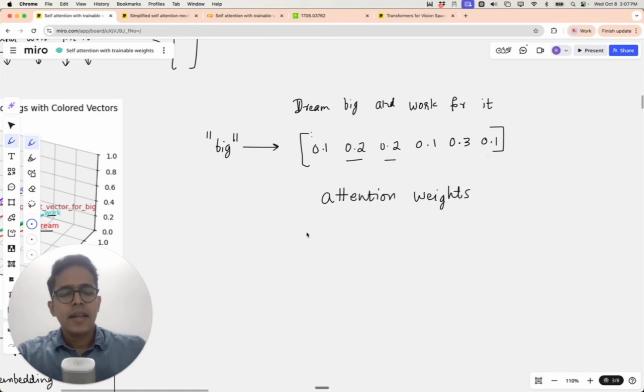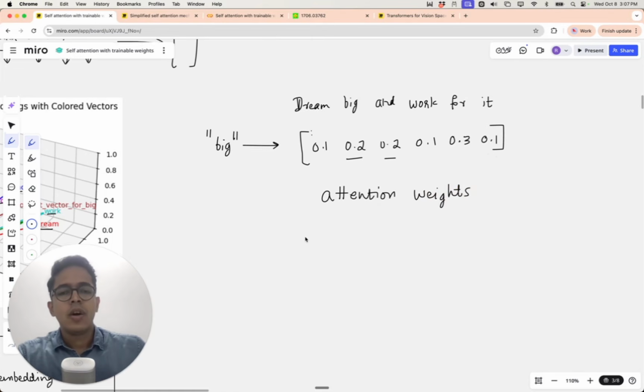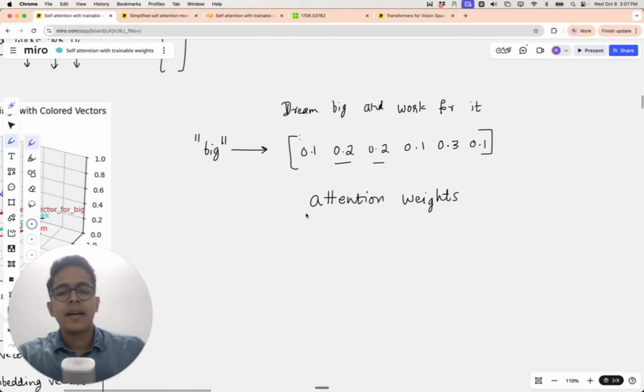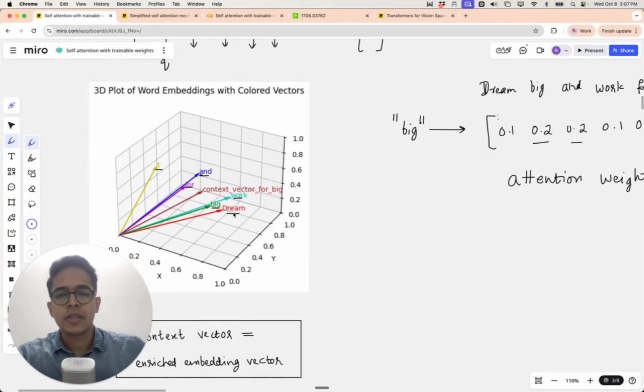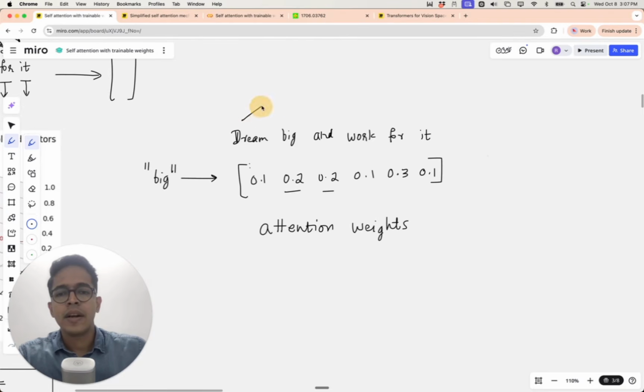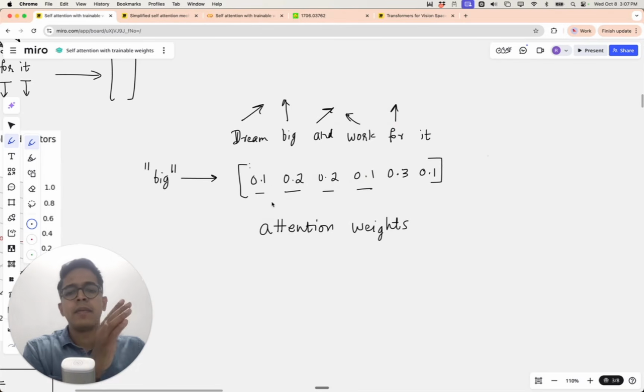Now to construct the context vector, what we did was we multiplied the original input vectors. So dream had an original input vector, which was this one. Big had a vector, and so on for dream big and work for it. So if I denote these vectors like this, you can scale these vectors using these attention weights. You multiply each vector with the corresponding attention weight and then you add them up.